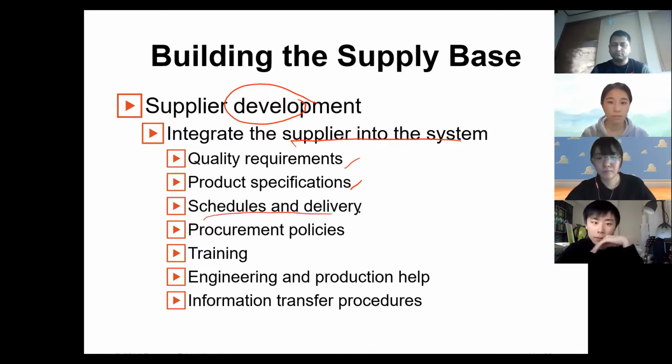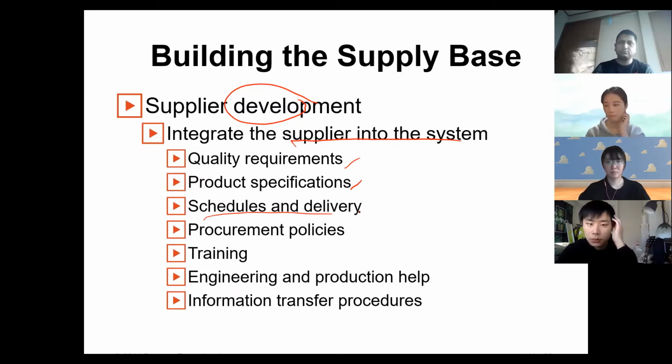Is it confirmed weekly orders, or confirmed monthly orders, and according to daily schedules and delivery? Because when you talk about JIT, it's not daily, it's to the hour or to the minute. That means if you need to supply the seat to production line A at 8 p.m. or 8 a.m. for that matter, it must arrive then.